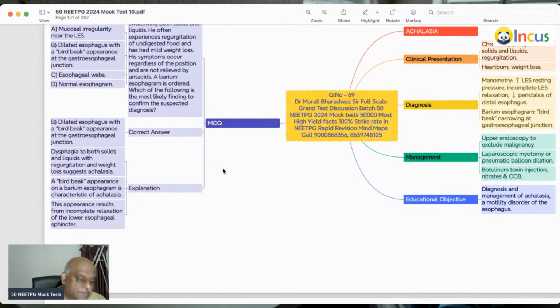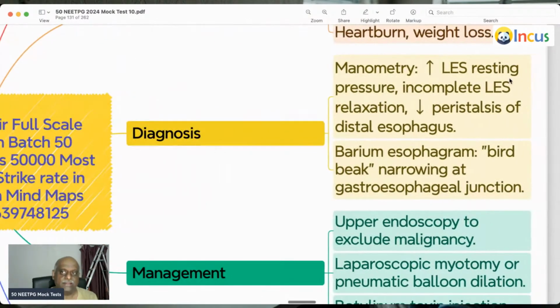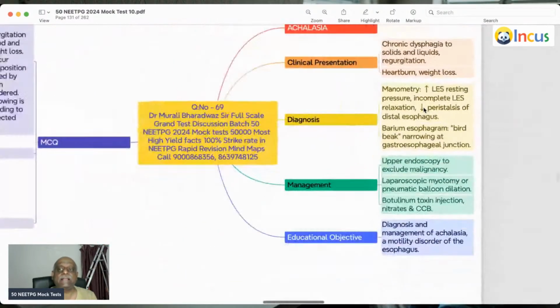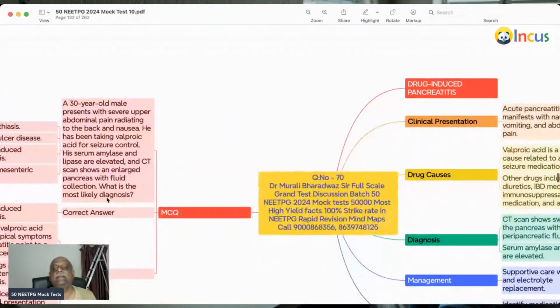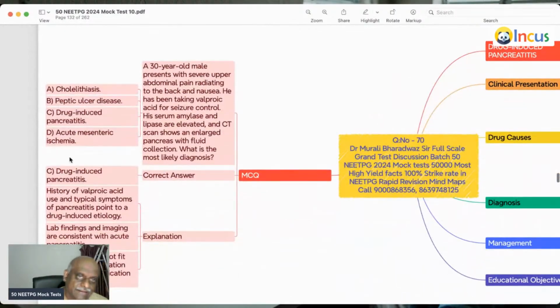Every NEET PG exam without achalasia cardia, bird beak appearance, there is no question paper. If you do manometry, there is an increased lower esophageal sphincter resting pressure, incomplete lower esophageal sphincter relaxation with a decreased peristalsis of the distal esophagus with the bird beak narrowing, is very, very classical.